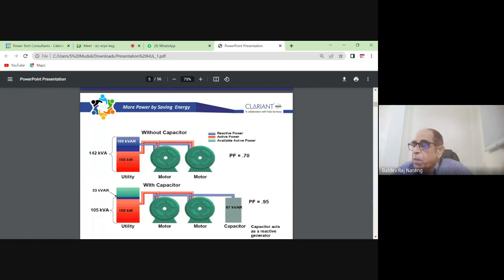So now a 100 kilowatt load needs 105 kVA as the demand, and 33 kVAr is still imported, but that is also not preferred these days, because people are maintaining a unity power factor as the tariff structures have changed.